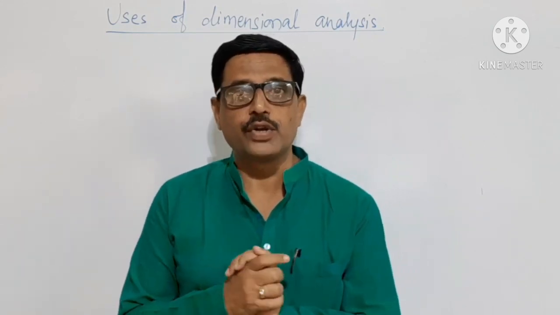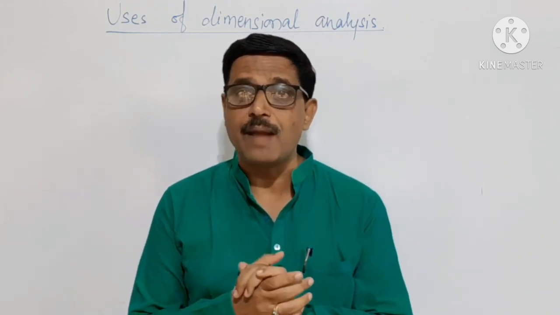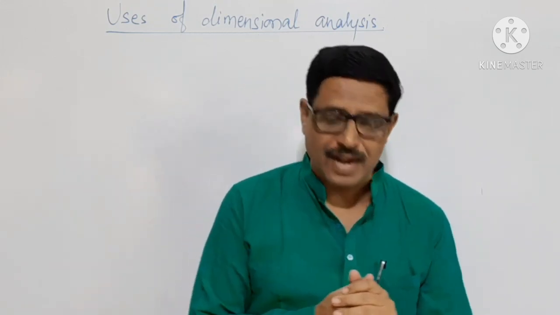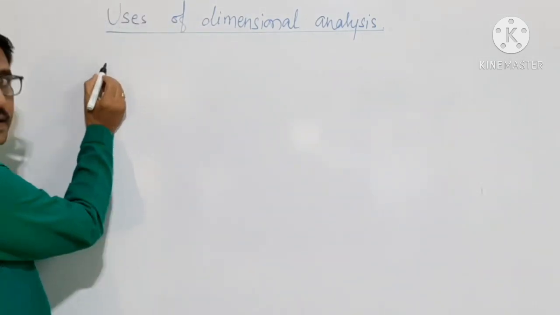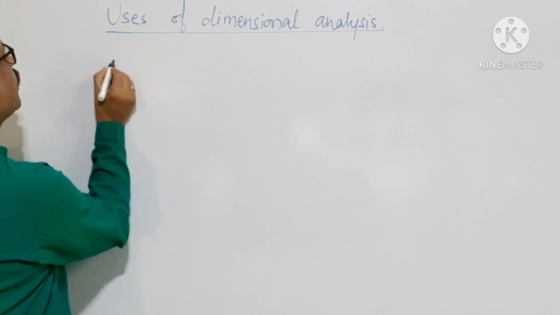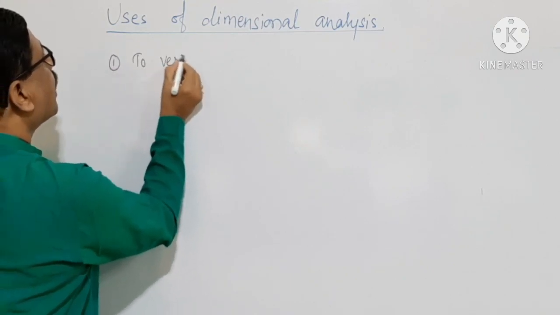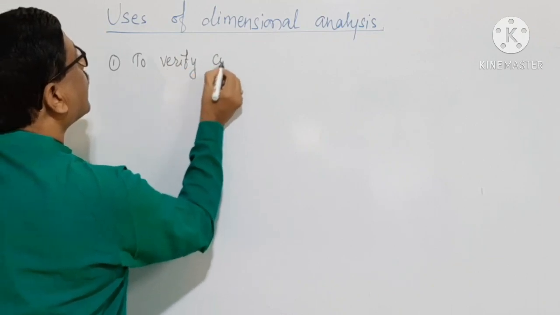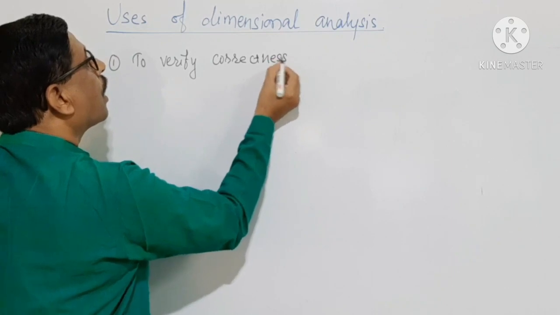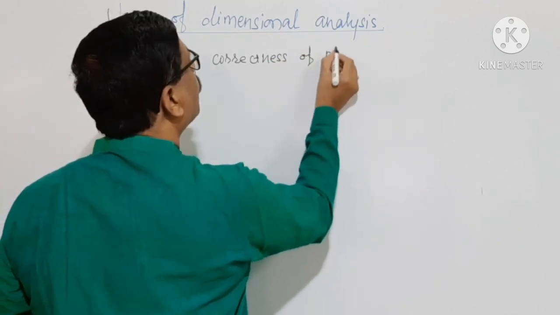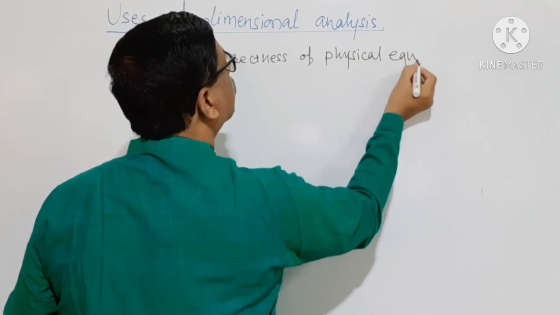In this video we are going to learn what are the uses of dimensional analysis. We will start with the first one. Dimensions are used to verify correctness of physical equation.